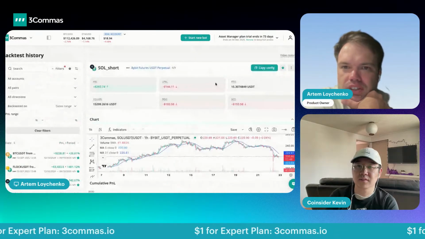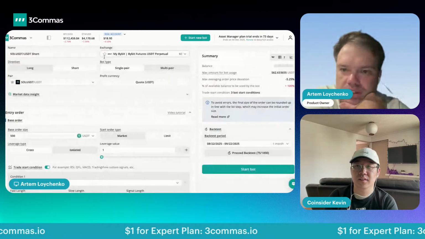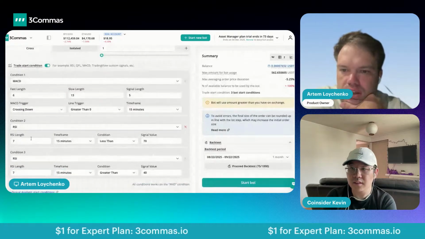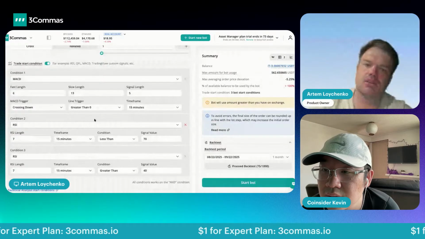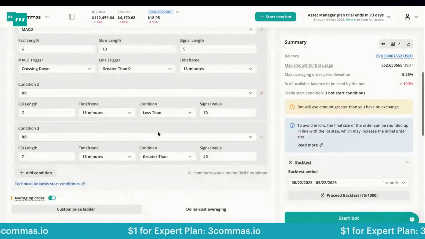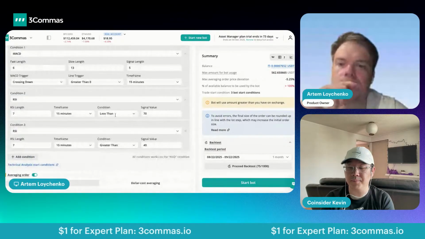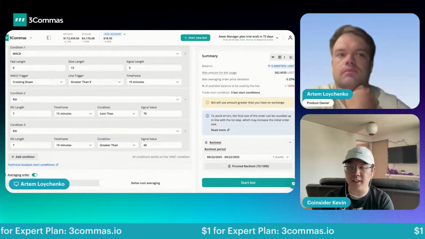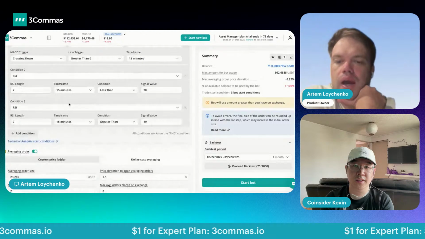Yeah, let's see. So I'm copying the config, resharing another tab. It's again MACD, it's again RSI, just reverted to catch the shorts. Just to confirm for the people watching, this short strategy is like you sell high and then buy back lower, essentially, right?